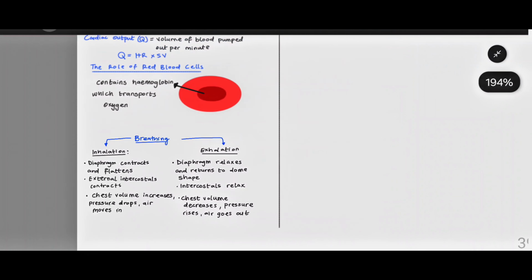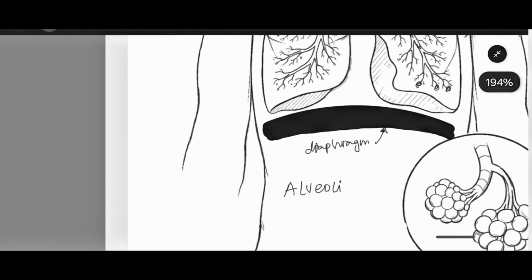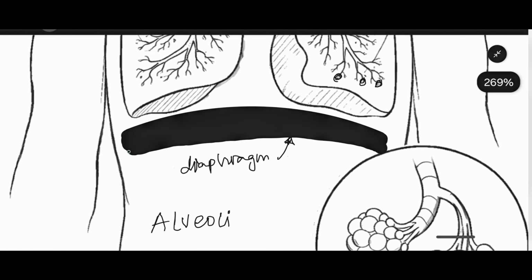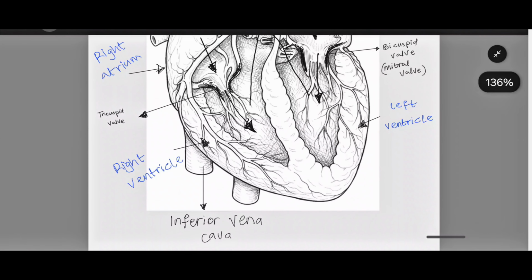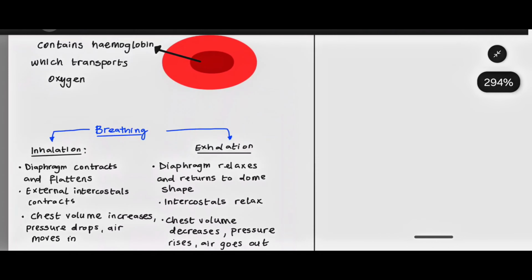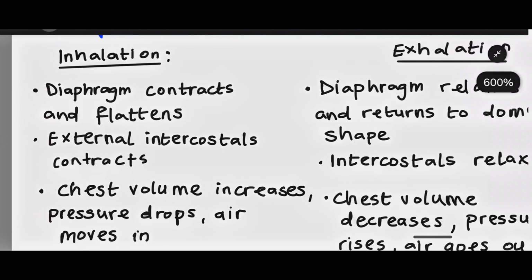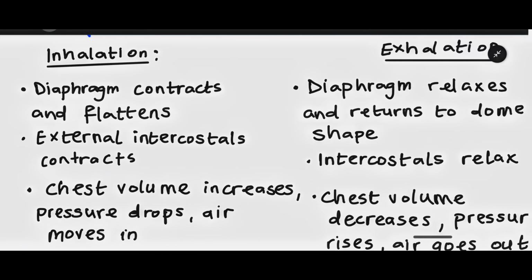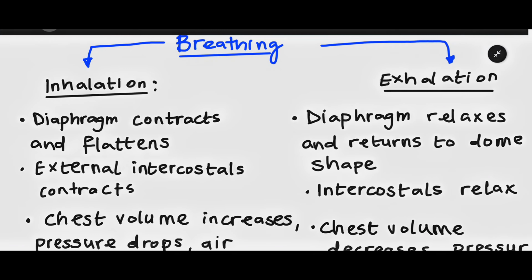The diaphragm, which, remember, this dome shaped muscle we looked at here, is going to contract and flatten. So the diaphragm contracts and flattens. The external intercostal muscles contract. External intercostal muscles are muscles that are found in between your ribs, and they basically just help to move the ribs.